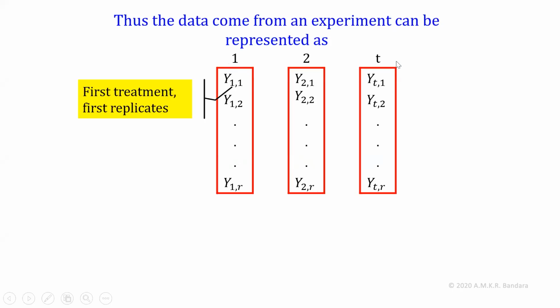Likewise, we can have t number of treatments. So this is the tth treatment, first replicate value, the tth treatment, second replicate value, and the tth treatment, rth replicate value.